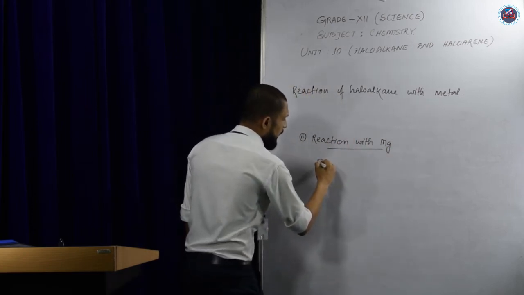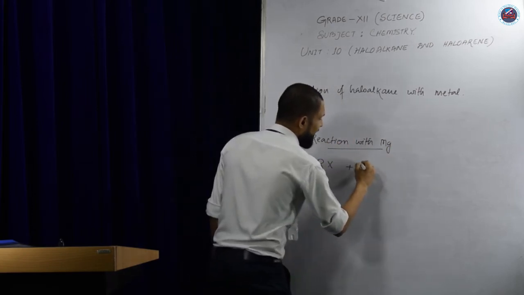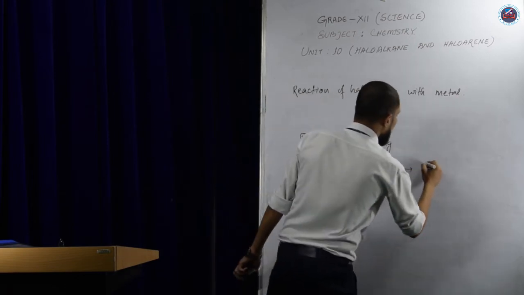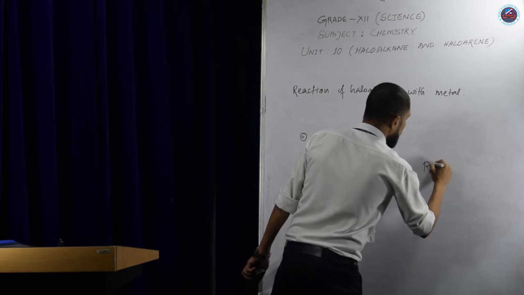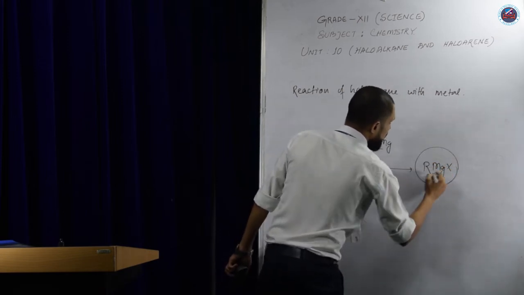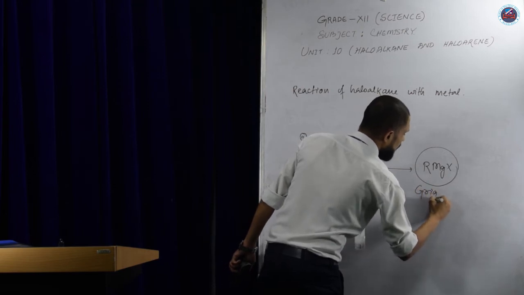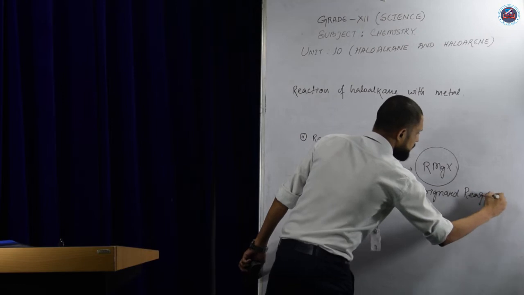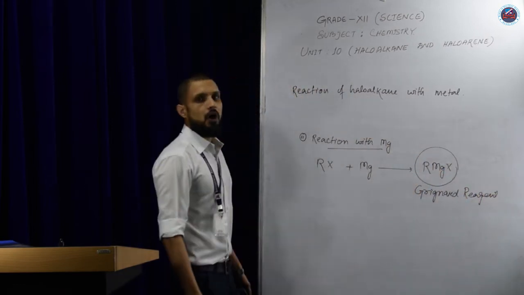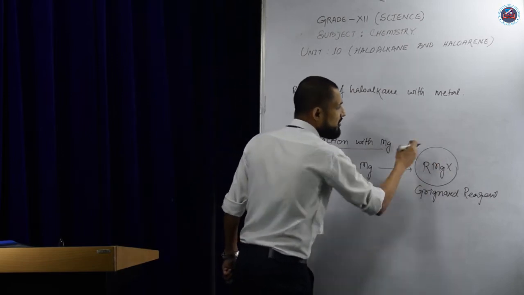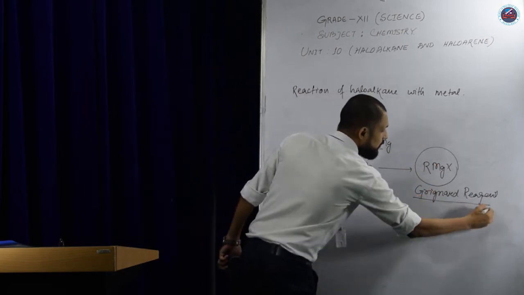If alkyl halide reacts with magnesium, it forms a compound with molecular formula RMgX, and this compound is known as Grignard reagent. This is a very useful compound in organic chemistry. Many compounds can be synthesized from this reagent.